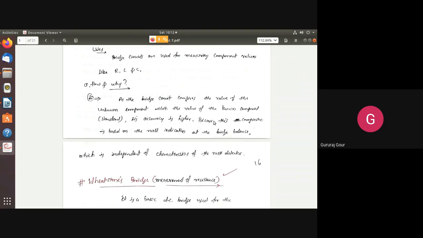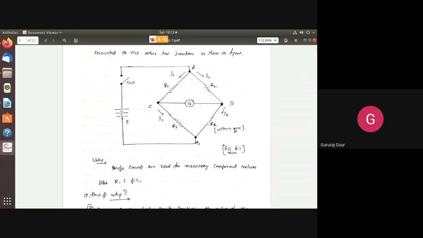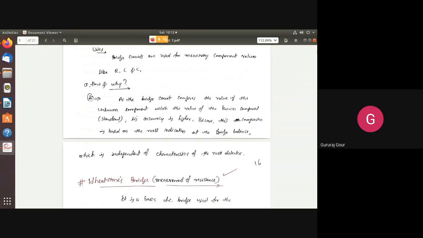This is because it is comparing the unknown resistance with the standard one. The unknown value will be compared with the standard resistance value, so that there is no room for error. If it is 2 ohm, we are exactly getting the measurement of 2 ohm. So error is drastically reduced.